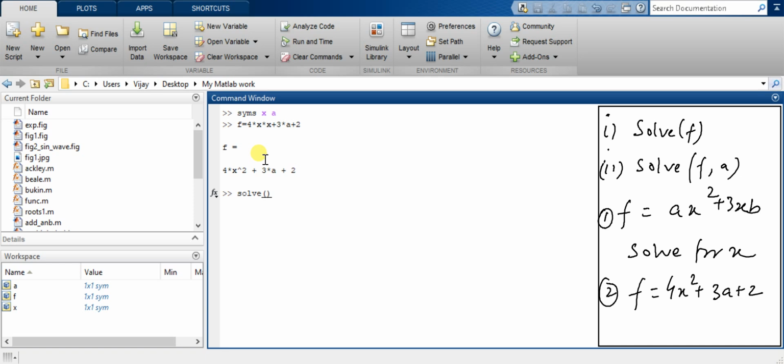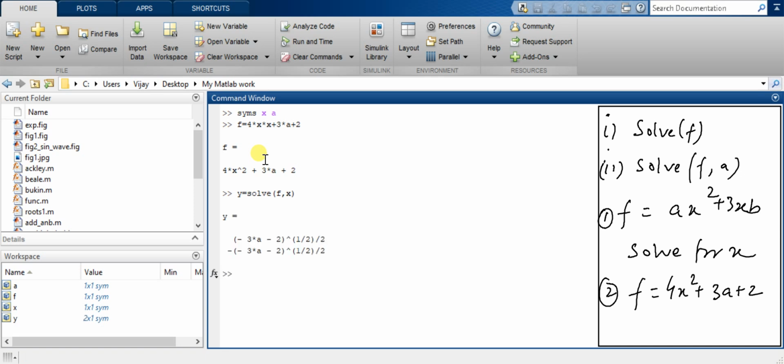And you can assign any variable for the solution. Let's say we take x, or let's take y, because x is a symbolic object, so it will be overridden. So let's take y equal to solve expression f with respect to which object. First take x, then you hit enter.